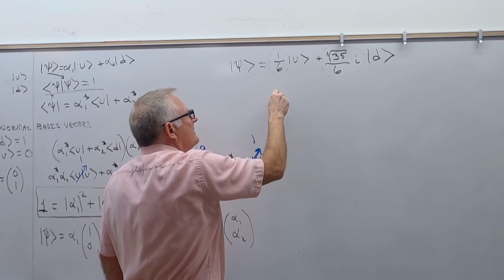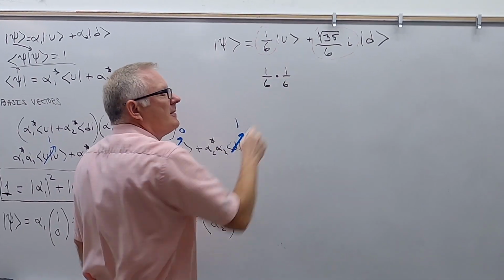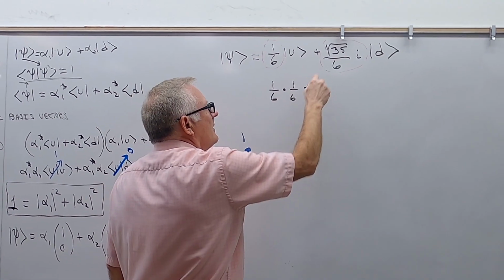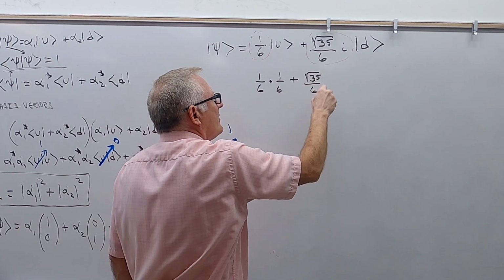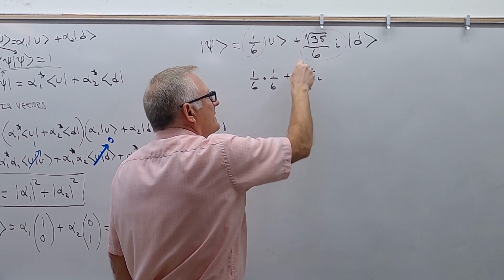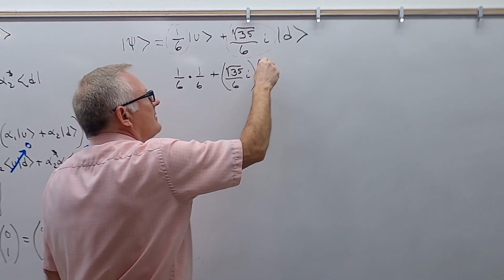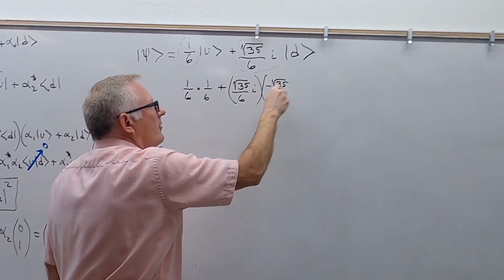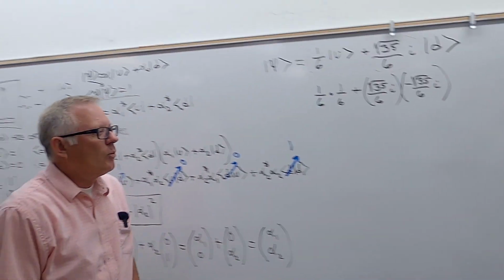We get 1/6 times its complex conjugate, which is still 1/6, plus this square root of 35 over 6 i times its complex conjugate, which is minus square root of 35 over 6 i. Okay, that better be 1.